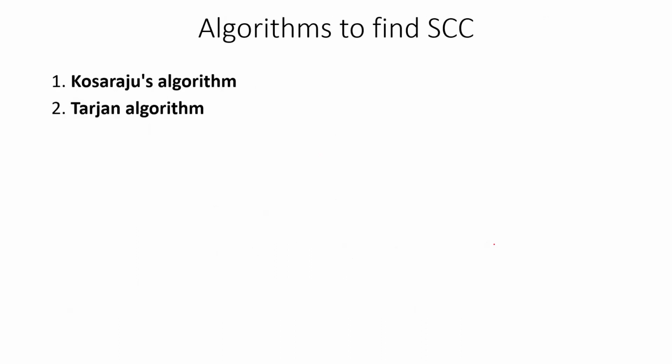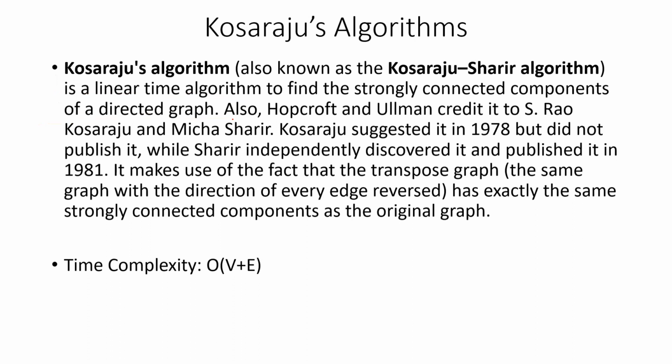In order to find the strongly connected components, there are two main algorithms. The first one is the Kosaraju algorithm, and the second one is the Tarjan algorithm. So what is the Kosaraju algorithm? It is a linear time algorithm to find the strongly connected components of a directed graph. Actually, many people suggested this algorithm before, like Hopcroft and Ullman.